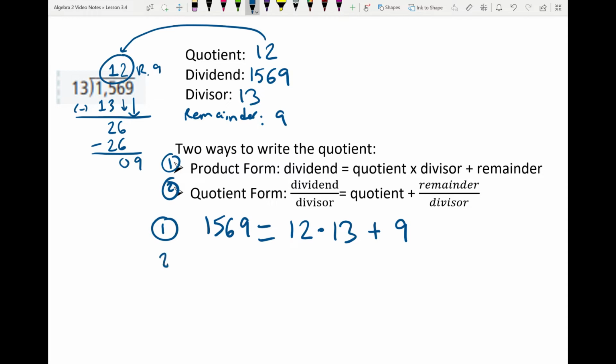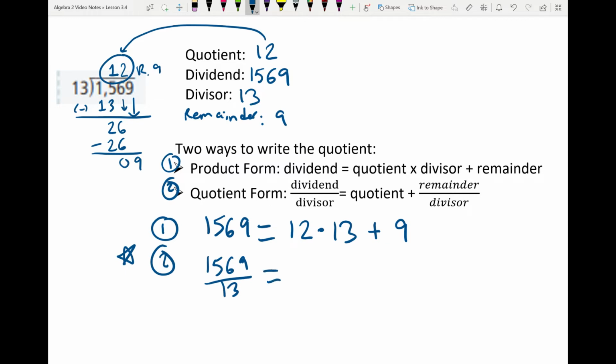All right, so the second way, the quotient form, which is, by the way, the method that we prefer most of the time, is the quotient form. So you say, all right, well, what's 1569 divided by 13?